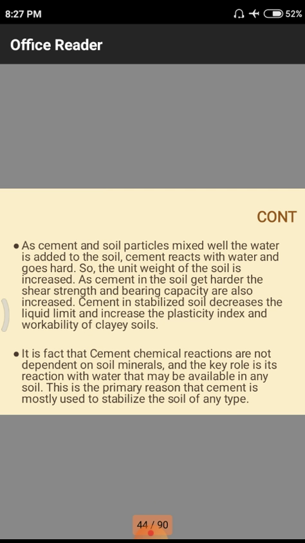Reaction time means whenever we give a content of water to the cement, it automatically absorbs the water and gets strength and shape. Here also, we simply get shape and strength whenever we mix with water. This is the primary reason that cement is mostly used in the stabilization of any type of soil.